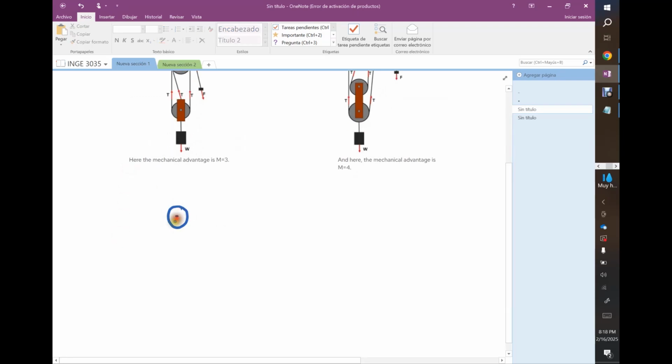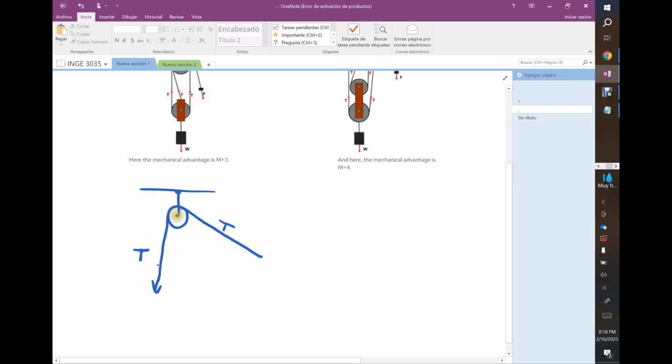I have this pulley here, and if I tie that pulley somewhere here and I put a rope like this, when I put some tension T on this rope, what's going to happen is that this is going down but this is going up, so we have also the same tension here, and that's the principle of a pulley.